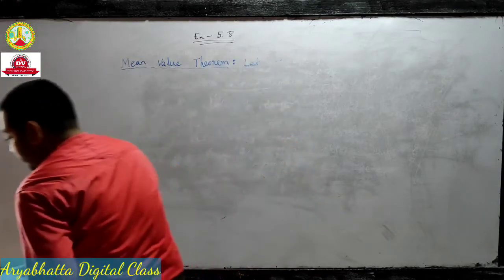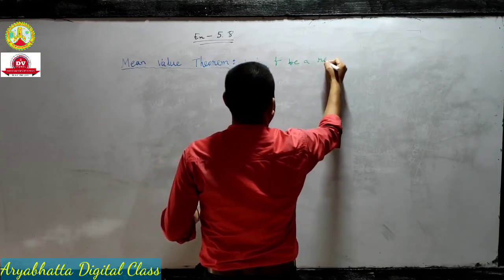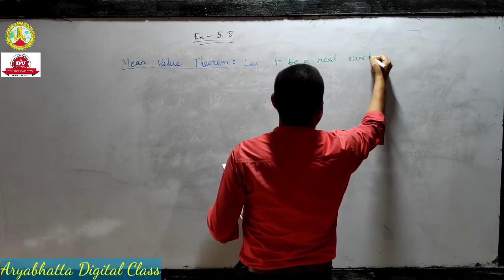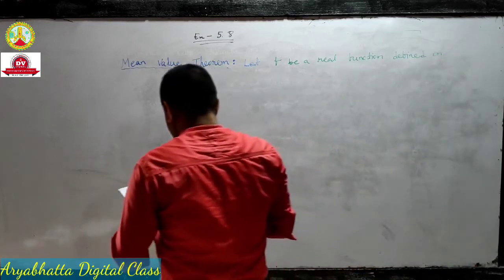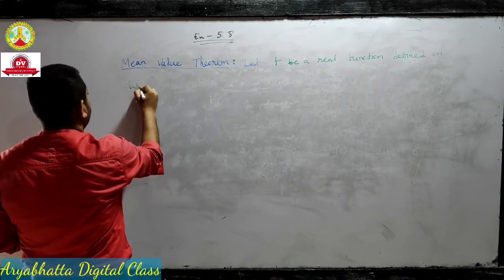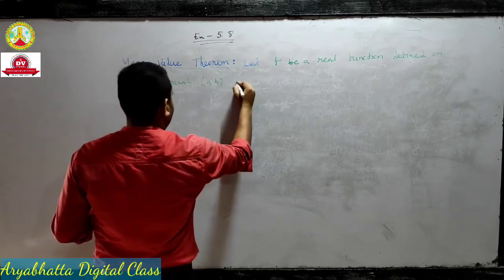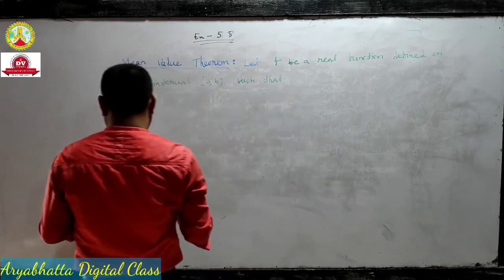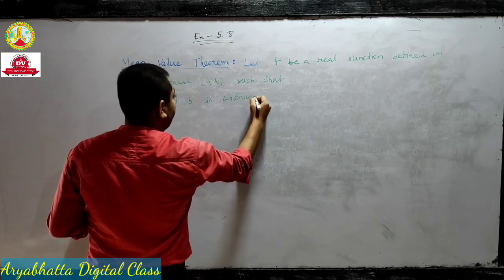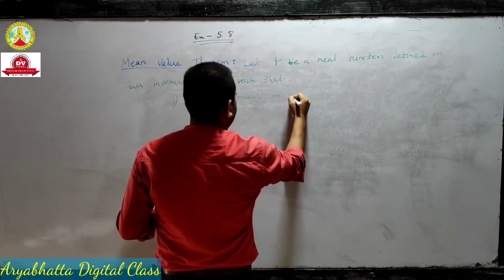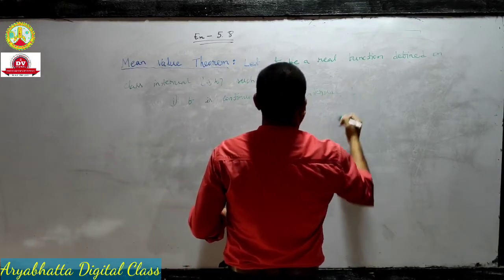Let f be a real function defined on closed interval a comma b such that number 1, f is continuous on the closed interval a comma b.